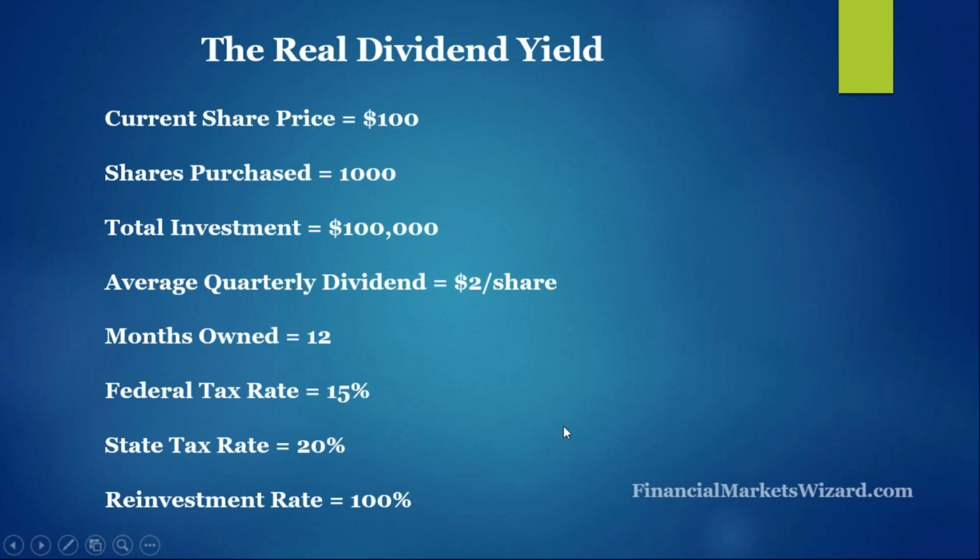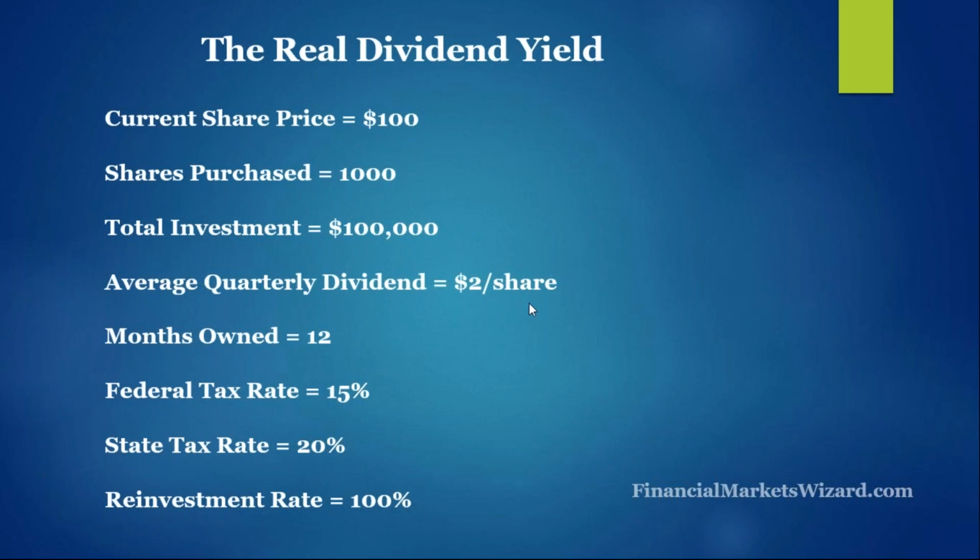Then the real dividend yield. In the real dividend yield, you have to take into account the effect of your tax rate, federal and state, and whether you are reinvesting the dividend amount. So I did this little exercise. Let's say the current share price is 100. You purchase 1,000 shares, so you invested $100,000.